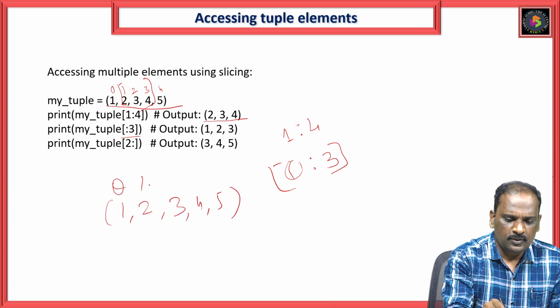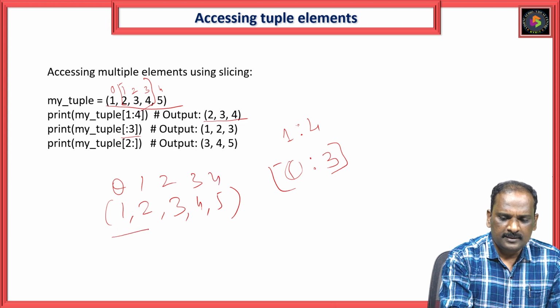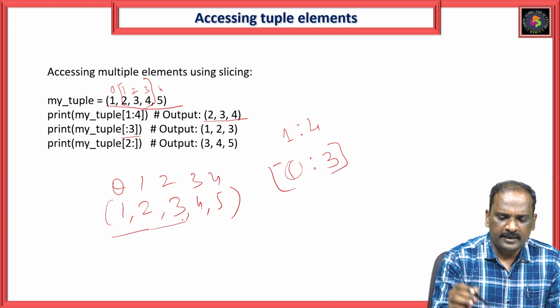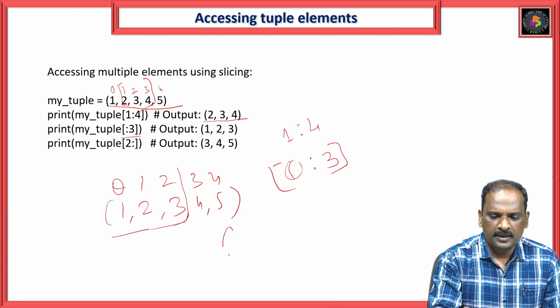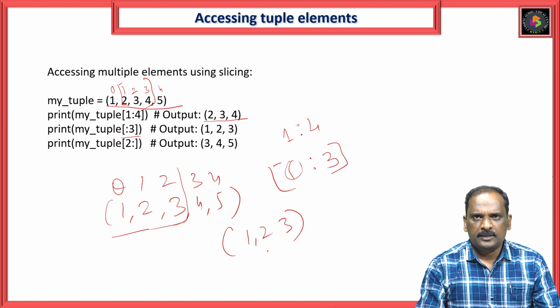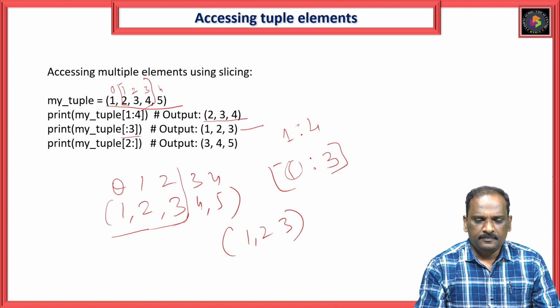This is at index 0, 1, 2, 3, 4. Now 0th element is considered, first is considered and second is considered. The third index is not considered. So this will be the values. 1, 2, 3 is the output. Here we are accessing the elements by using the slice. The output will be in the form of a tuple.